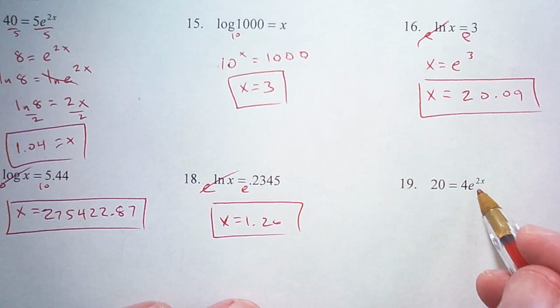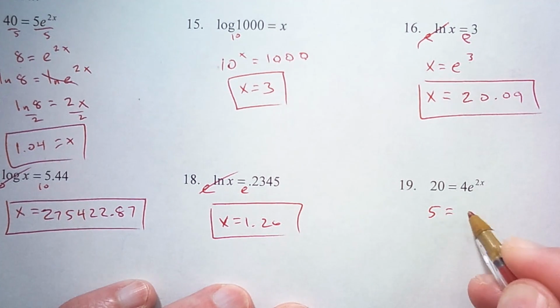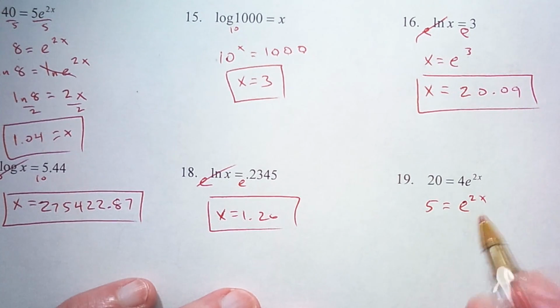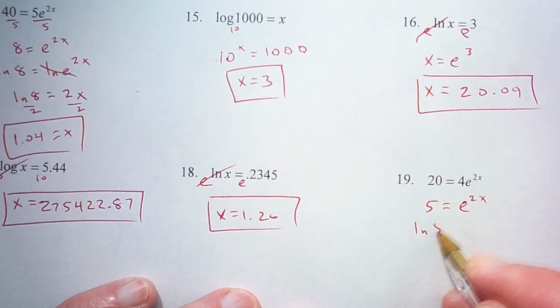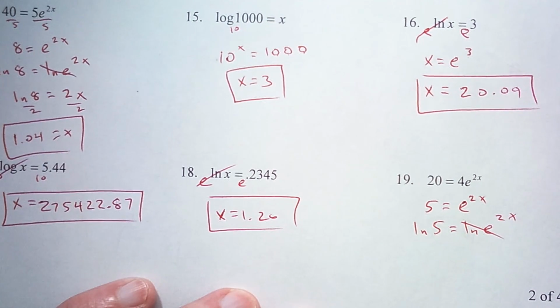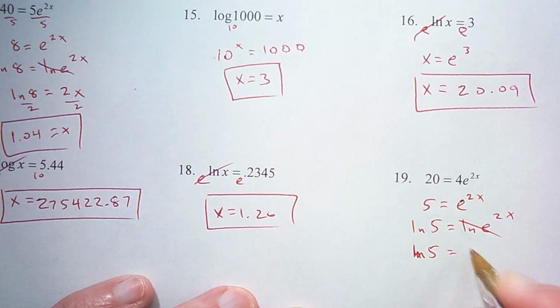Equals 4 times e to the 2x. So we'll divide both sides by 4 and we get 5 equals e to the 2x power. To cancel out that e, let's do natural log on both sides. And that cancels our e. So we have natural log 5 equals 2x.